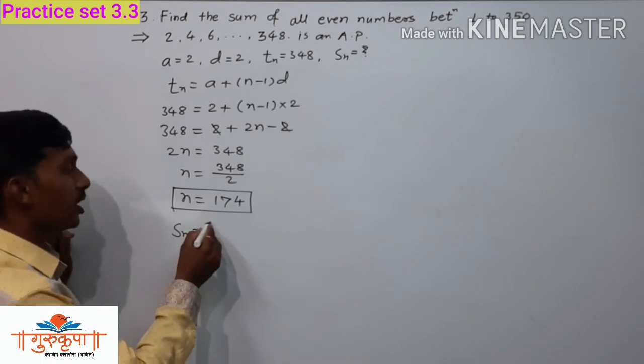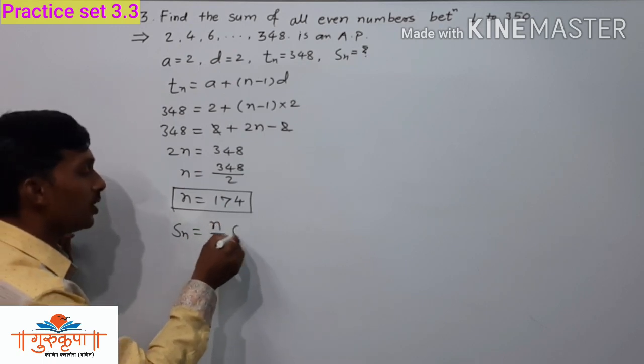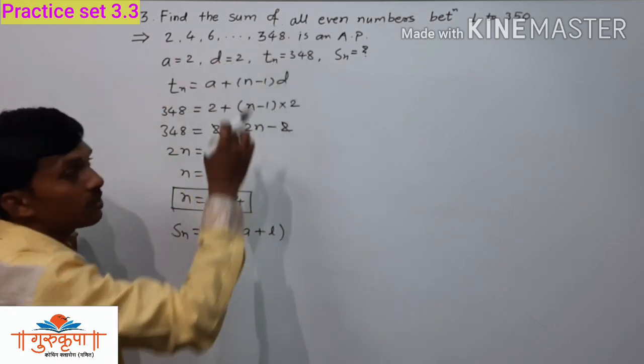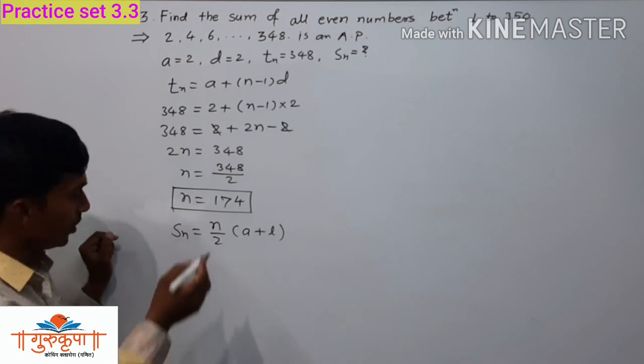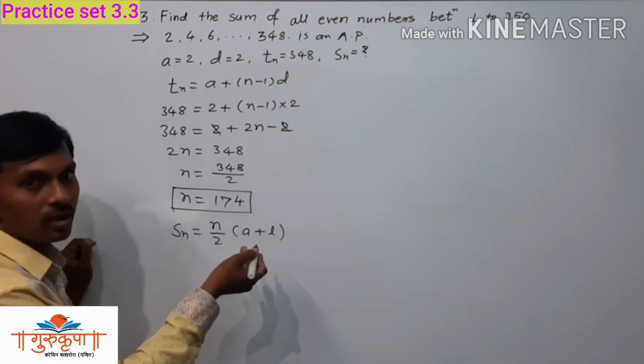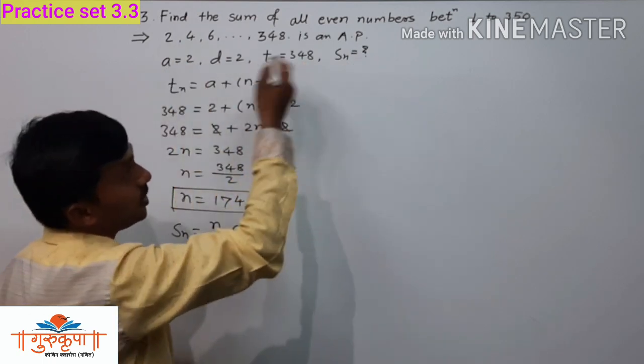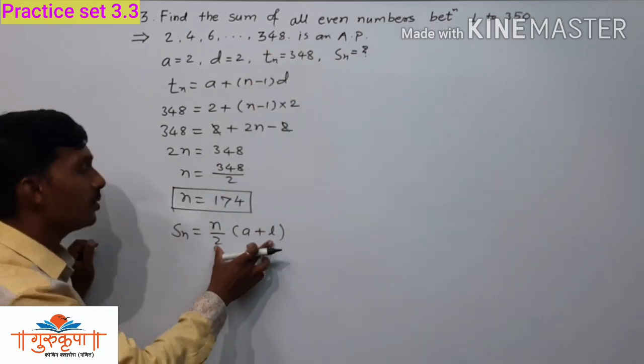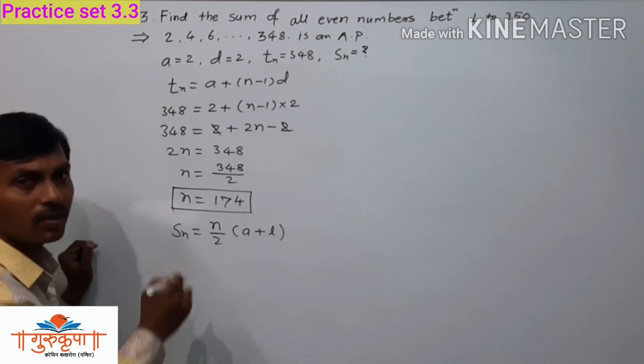Here we can use the other formula, that is Sn is equal to n by 2 into the bracket (a plus l). Since we know both the first term and the last term, we can use this formula. Before this, in the example we already simplified, there also we can use the same formula. So here we will get very few calculations.